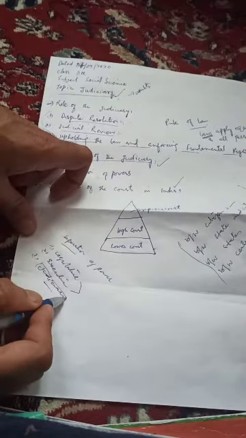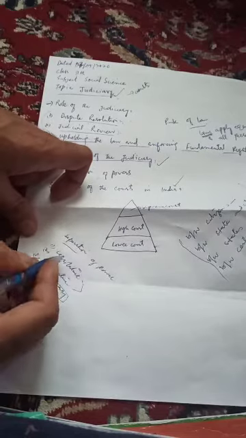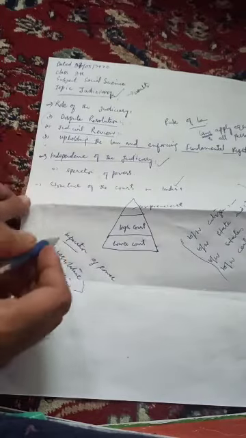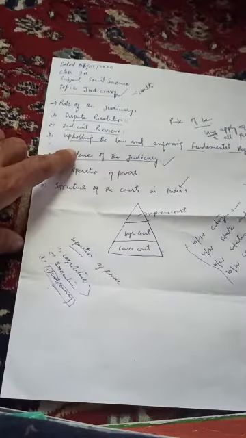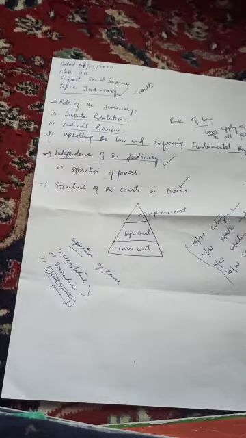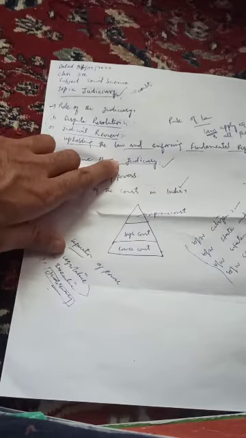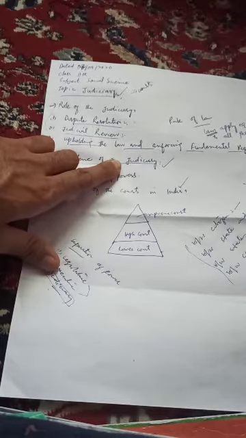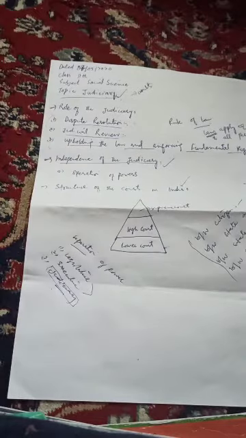This judiciary is independent. These two organs, the legislature and executive, cannot interfere in the work of judiciary. This is called the independence of judiciary, and this is important. Suppose the politician of your area was able to influence the judge of your area's court, and could influence and remove him.